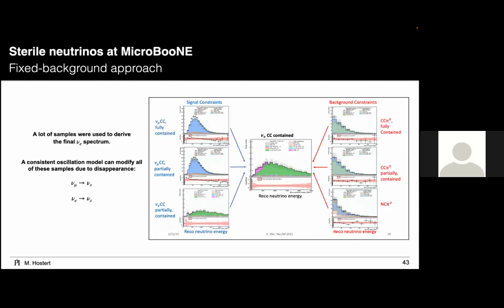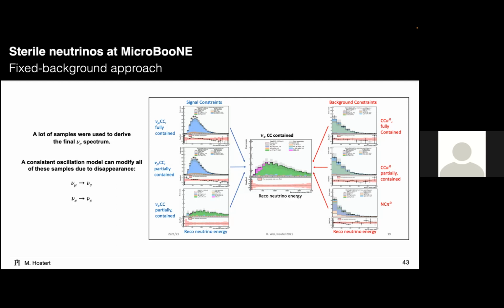There's one more thing, and this is a rather important point that I wanted to make. In this analysis that I had just shown you, the only thing we've done is we set a constraint using appearance from an oscillation model. So the only thing we've modified in our prediction is how many nu mu's have transversed into nu e's. But in a full consistent oscillation picture, you should have appearance as well as disappearance.